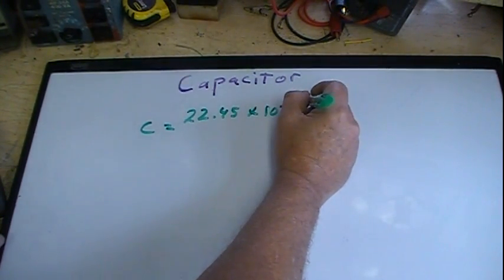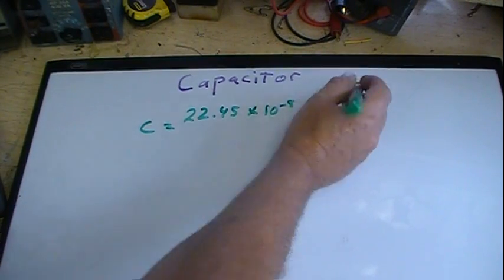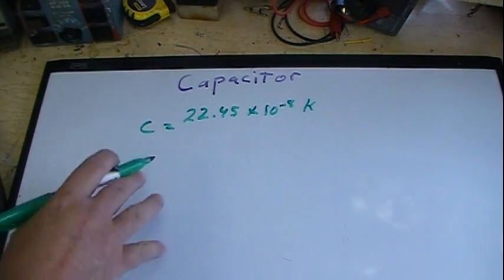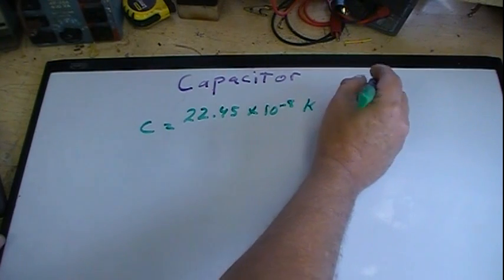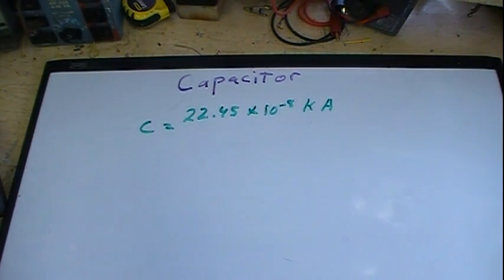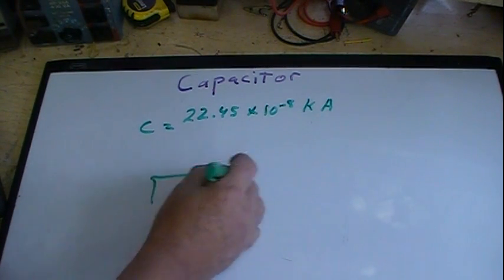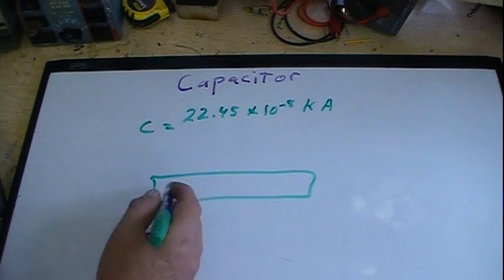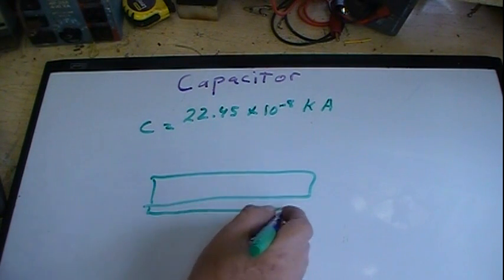That times K, which is our dielectric constant, so it's those numbers I showed you, times the area, and the area is of just one side of a plate. So if here's one plate, it'd just be the area of one side of it.